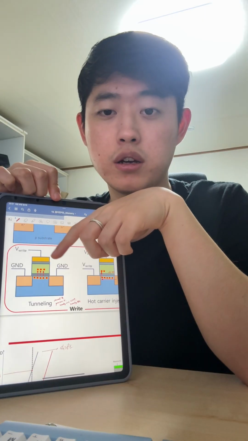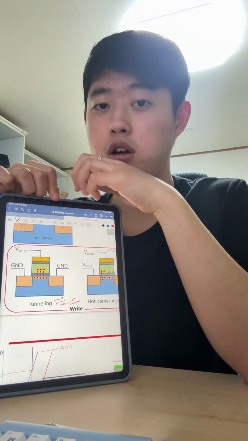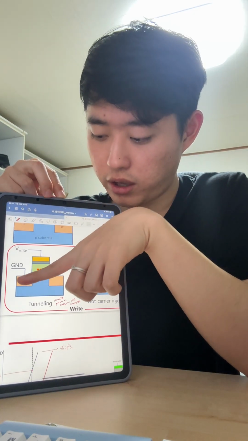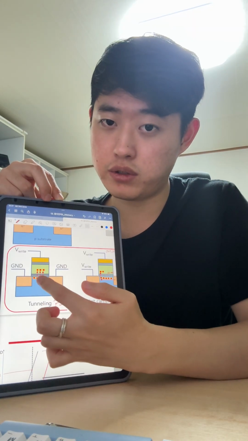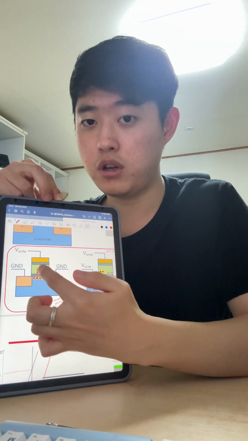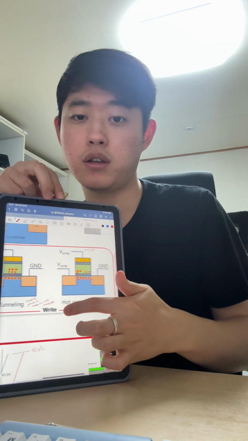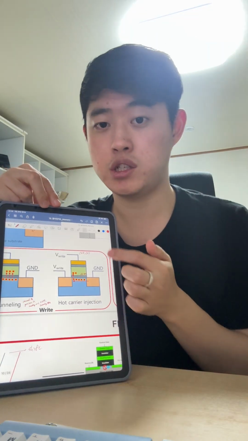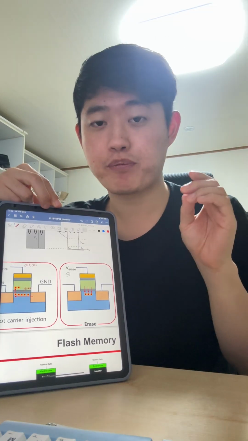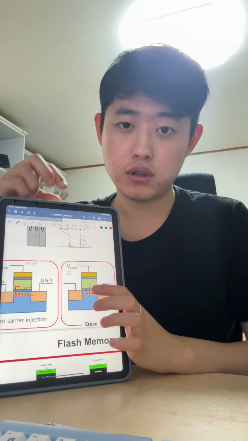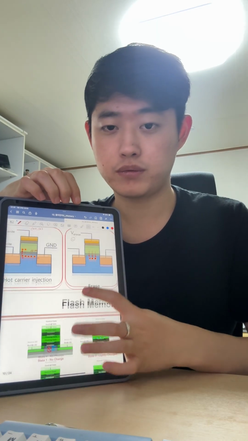When we want to write data in the flash, we apply write bias here, the channel is on, and electrons go into the floating gate by tunneling or hot carrier injection. When we want to erase the data, the electrons go down to the channel. Okay.